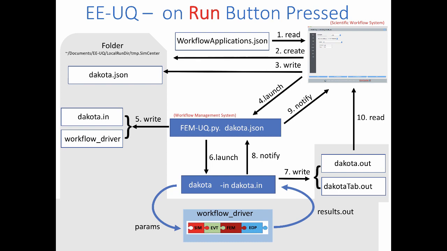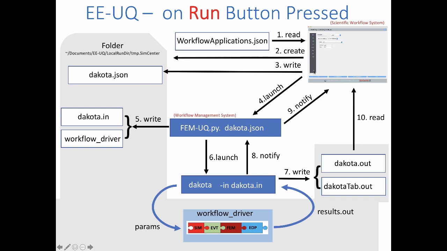It will then create a folder. That folder is in your documents EEUQ local run directory, temp.simcenter. Into that directory it's going to place a file, dakota.json. That is the input file for our workflow management system.